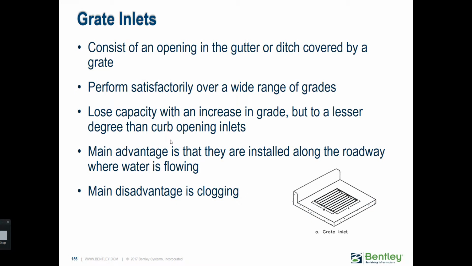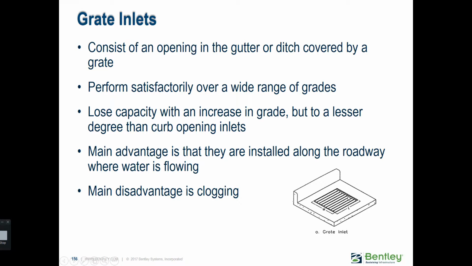Okay, so a grate inlet would look something like this. And it's an opening that's covered by a grate to prevent solid objects from going into the catch basin. And they're very typical. They're typically installed on the road where you're seeing the flow. The direction of the grates coincides with the direction of flow.